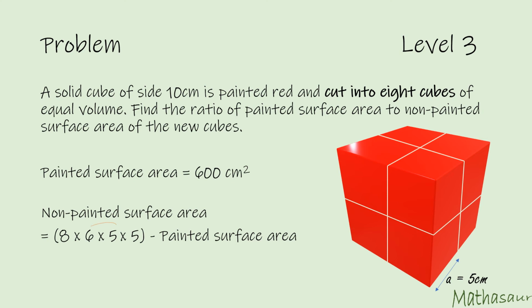Let us club 6 and 5 together, and let us club 8 and 5 together. 8 times 5 gives us 40, and 6 times 5 gives us 30. So we get 1200. Now let us subtract the painted surface area from 1200. We get the non-painted surface area as 600 centimeters square.